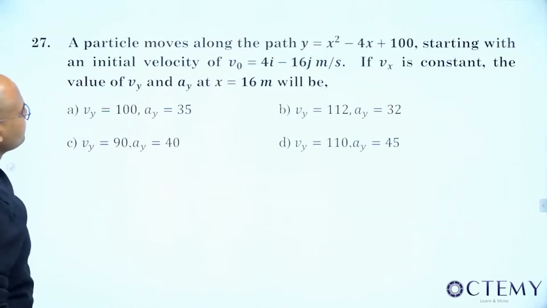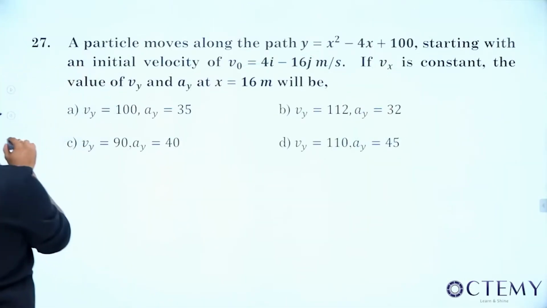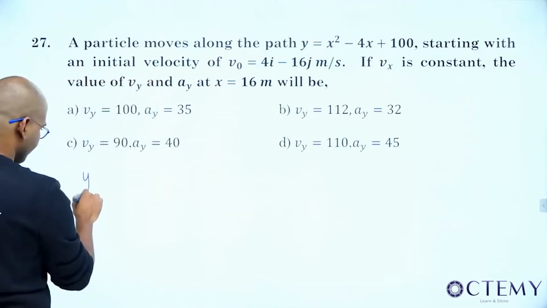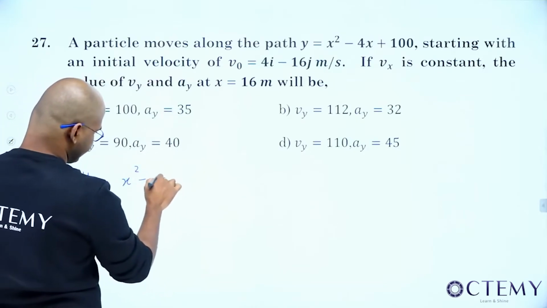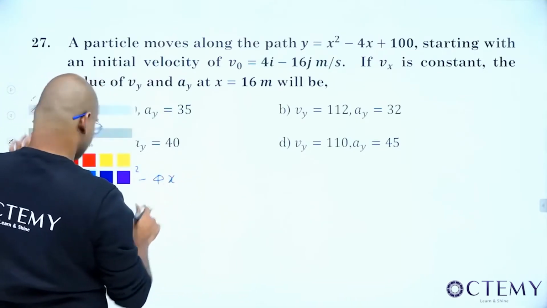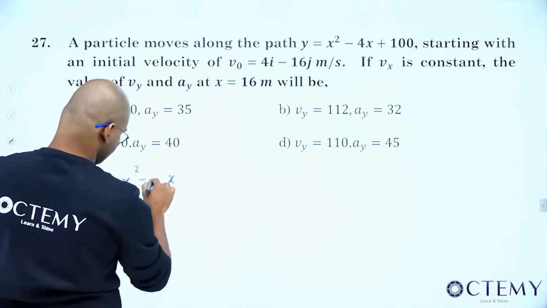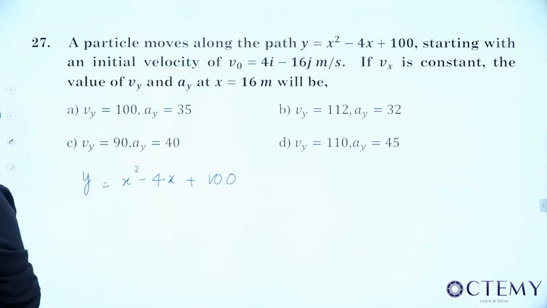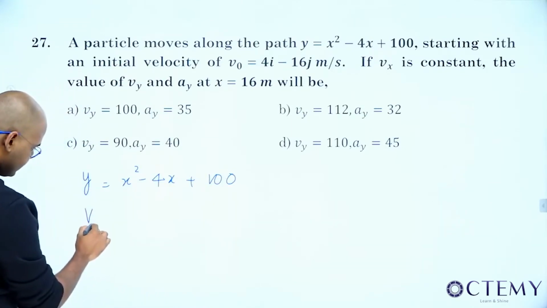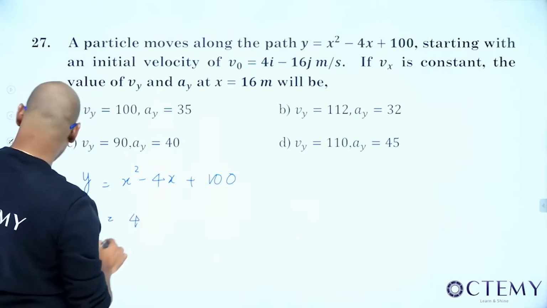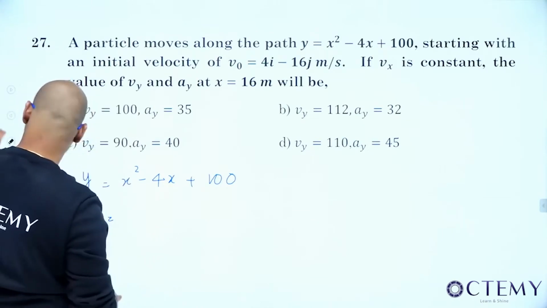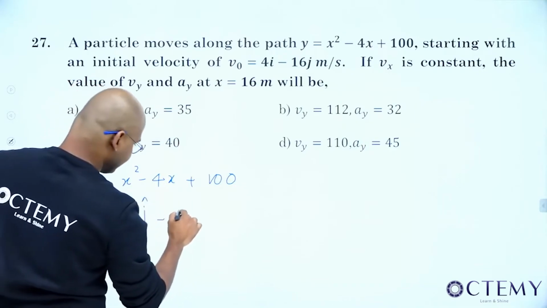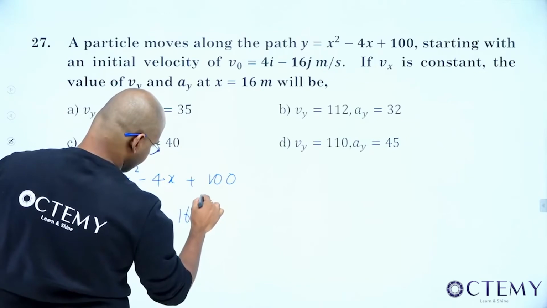A particle moves along the path y equal to x square minus 4x plus 100, starting with an initial velocity v0 is equal to 4 i cap minus 16 j cap.